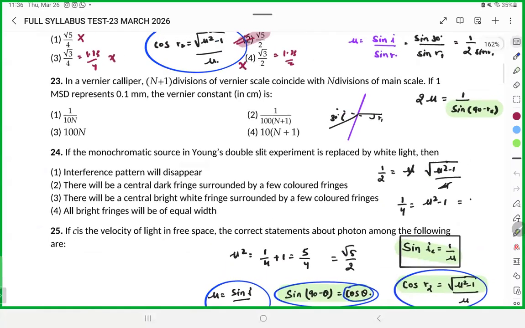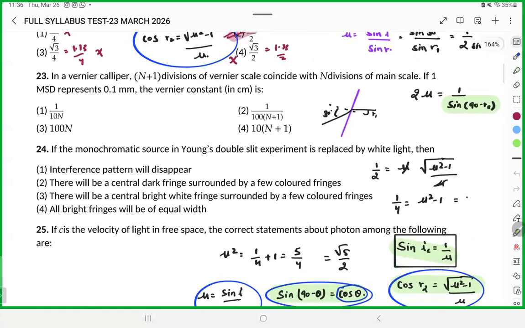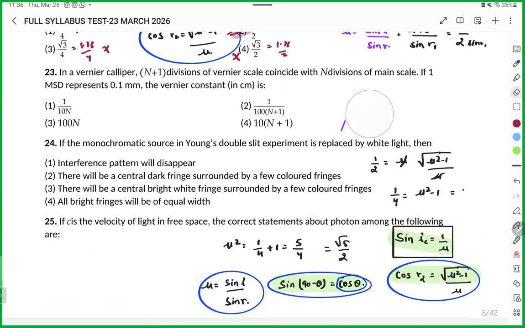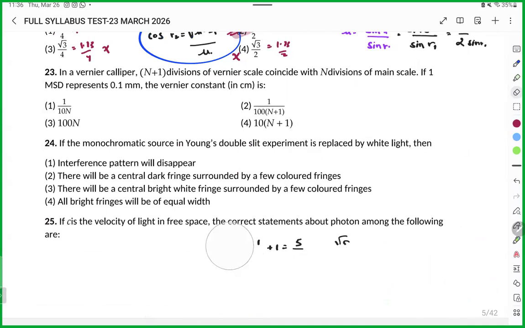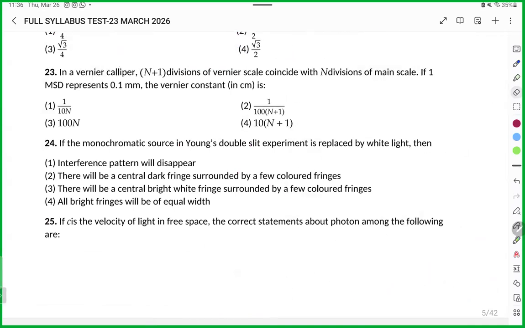No, question number 23, my bad. Vernier caliper question.